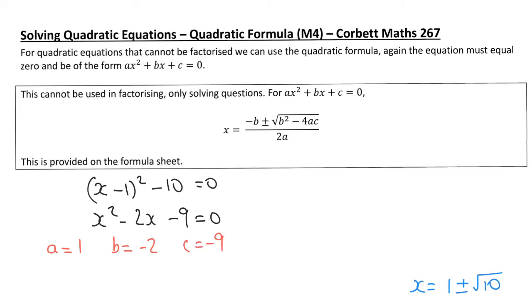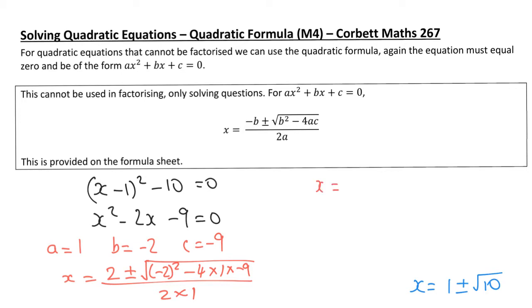And if we substitute those into the quadratic formula, we get x equals −b, which is going to be positive 2, plus or minus the square root of (−2)² − 4 times 1 times −9, over 2 times 1.